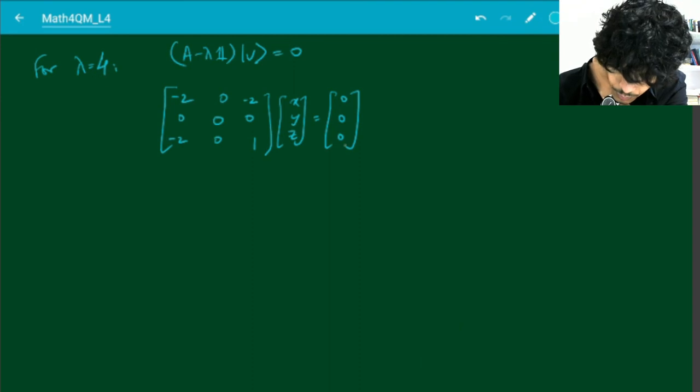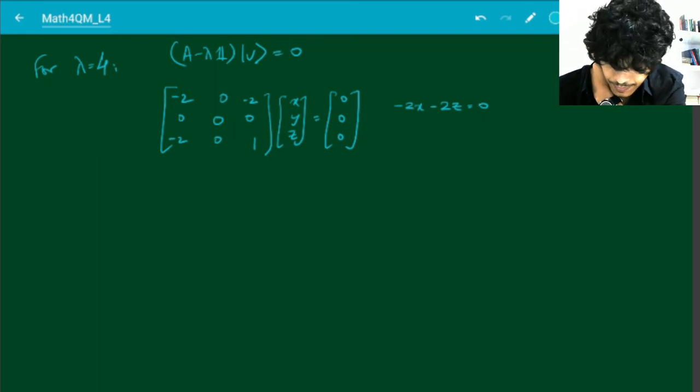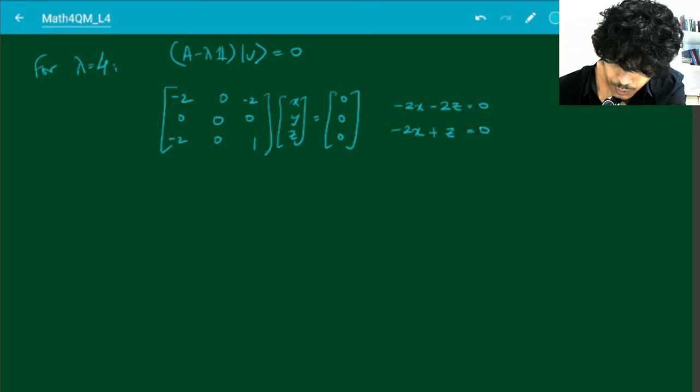Alright, from here what do I get? From the first equation, I get minus 2x minus 2z is equal to 0. From the second equation, I get 0 equal to 0. That doesn't tell me anything. From the third equation, I get minus 2x plus z is equal to 0. When I solve these two simultaneously to get x and z, you can work it out yourself. You will get z equal to 0 and you will get x equal to 0.